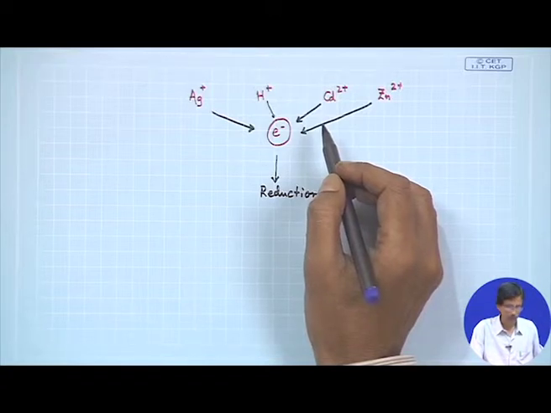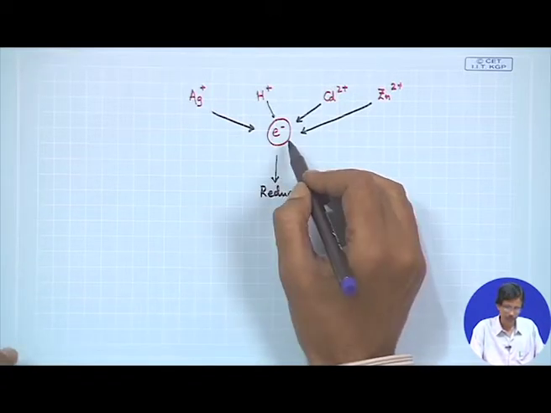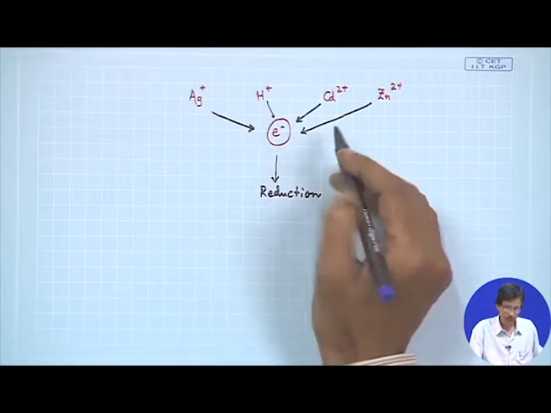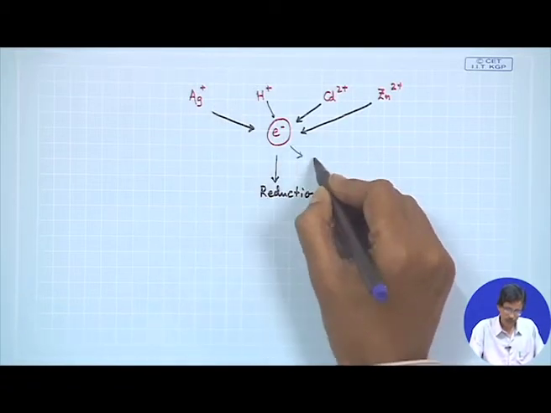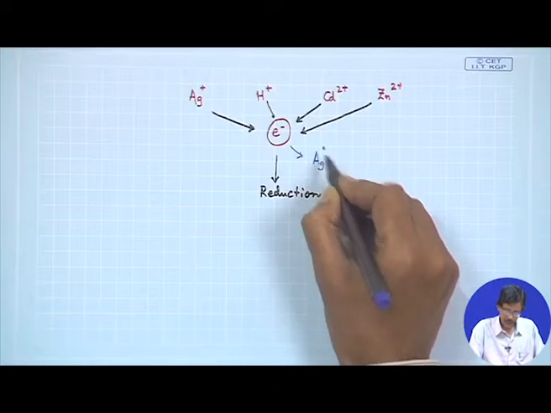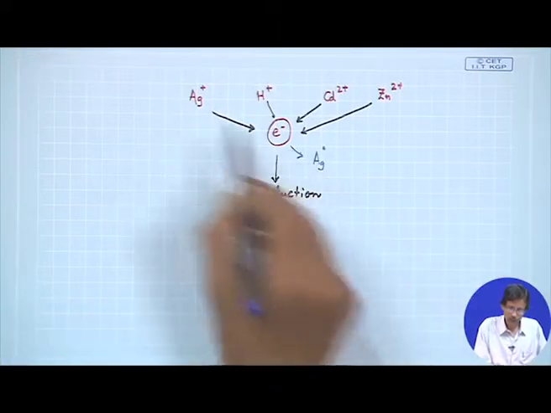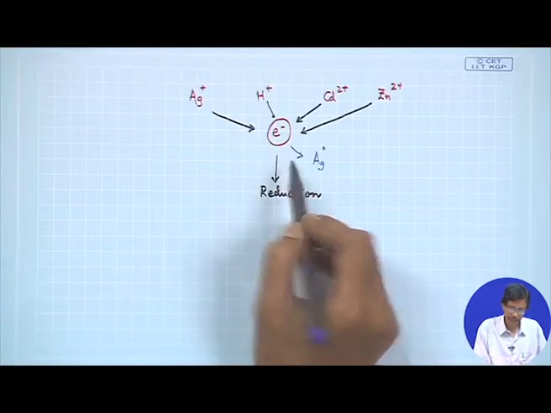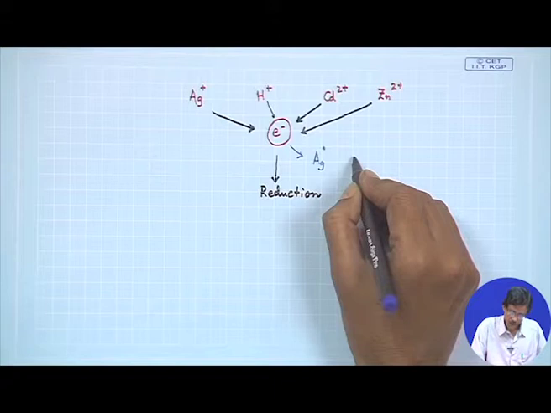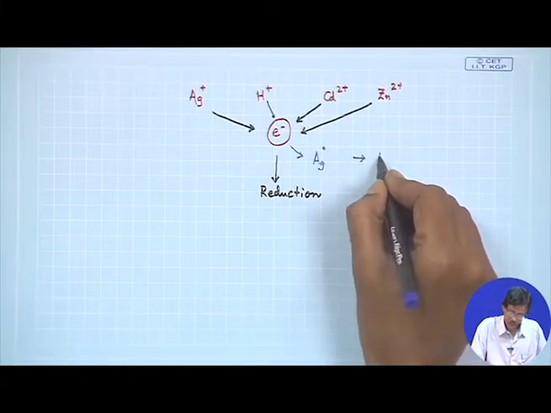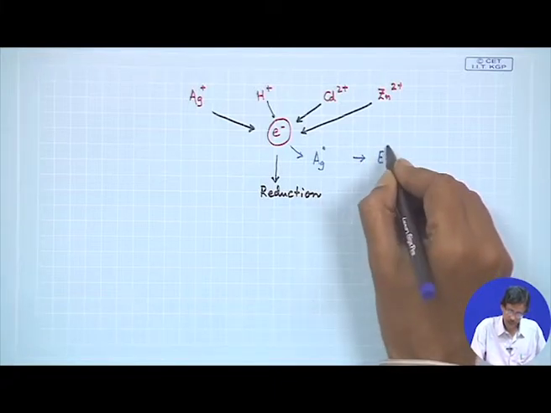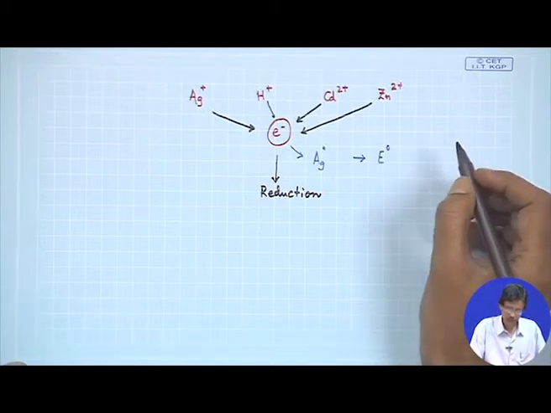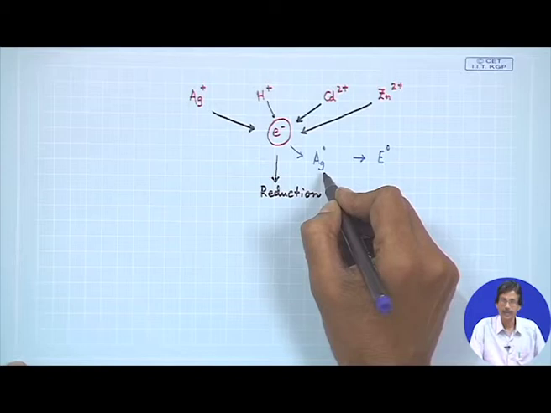Basically for the half cell reaction, this is the typical reaction when silver ion accepts one electron going to Ag 0. If we compare these together with one electron, that would be the half cell reaction, and for that half cell reaction we should have a potential value, that means the electrode potential value, if this can function as an electrode.